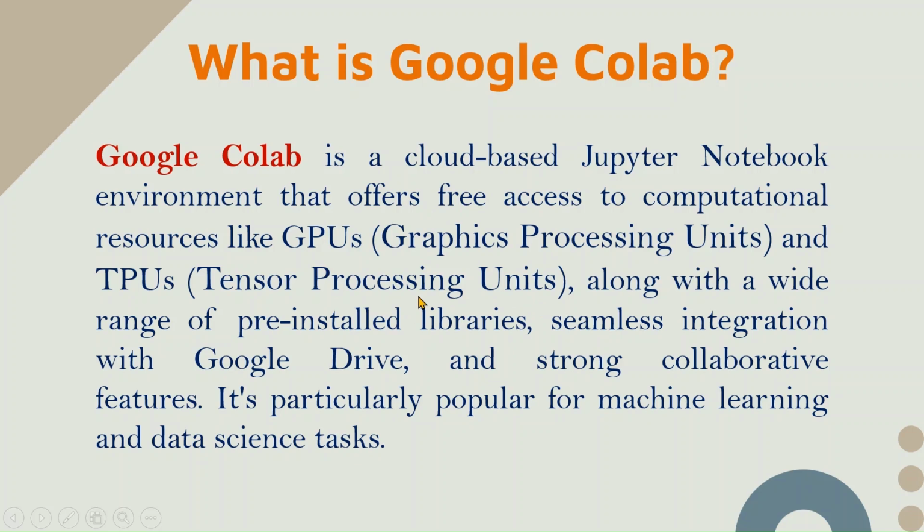CPUs, the central processing unit, can work with sequential as well as parallel sort of things. But apart from that, when you require more resources, you can go for GPUs, where you can work with some graphics, animation sort of thing. And beyond that, when you want more computational resources, we can go for tensor processing units.